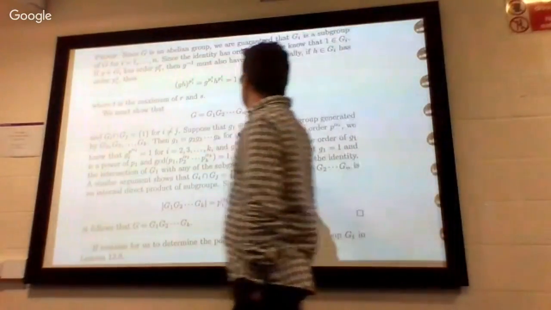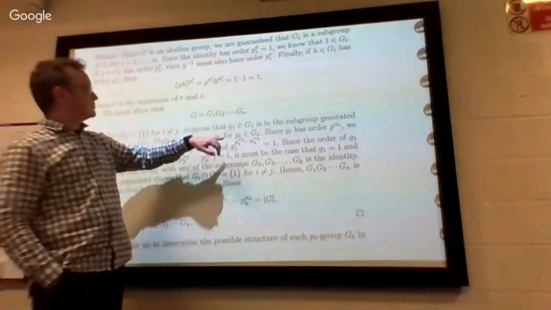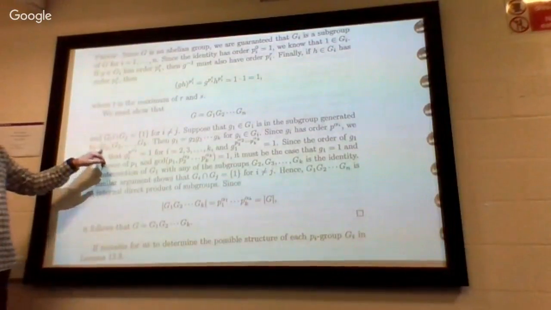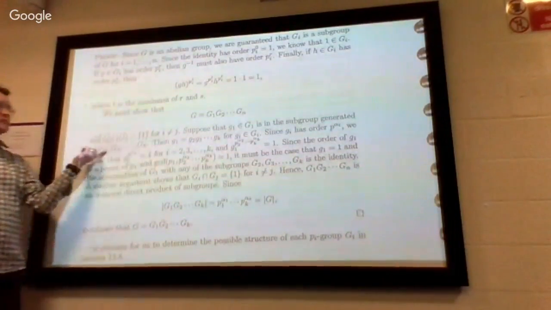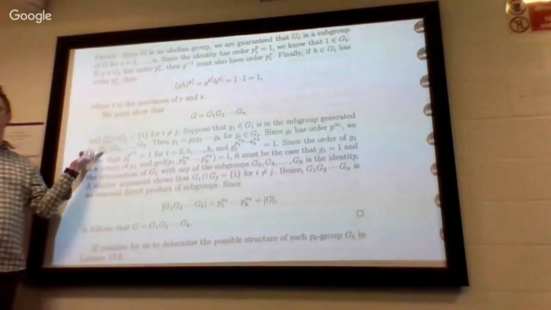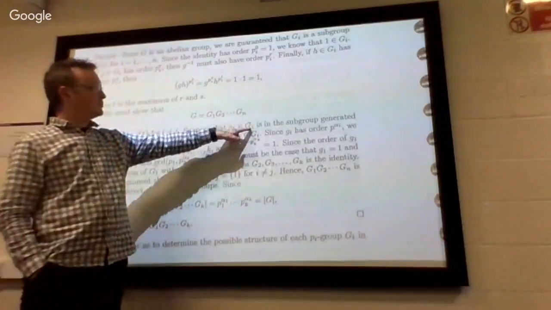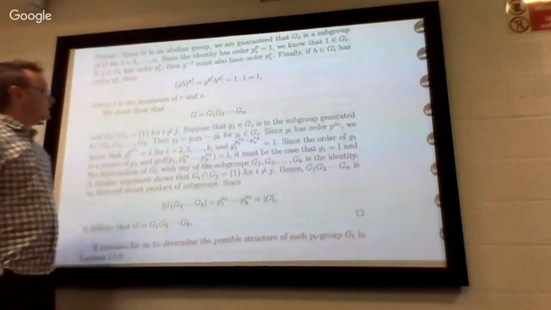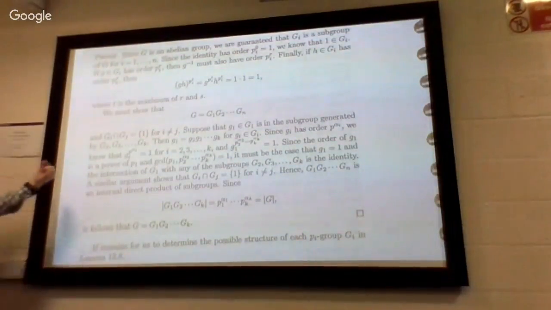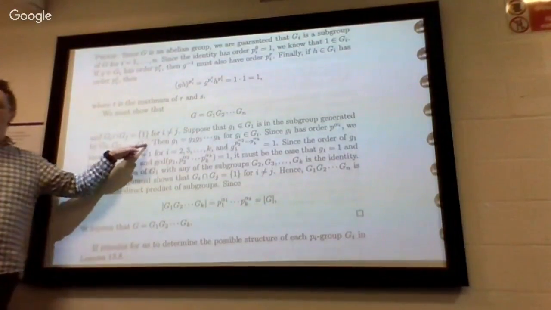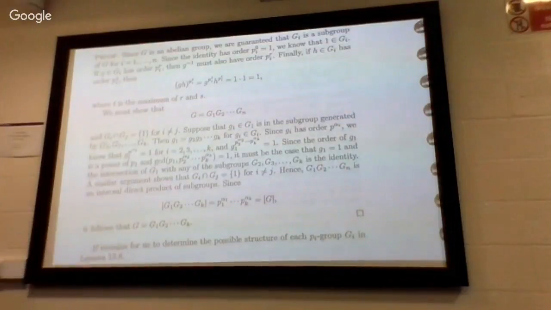Supposing it was the case that there was some intersection between G1 and the subgroup generated by putting together all the elements of all the other sets. So little g1 is in the primary component G1, and it's also in the subgroup that is generated by putting together the elements from all the other primary components.